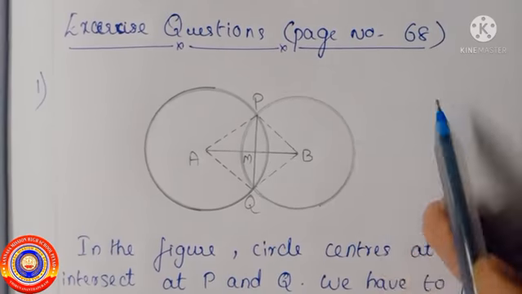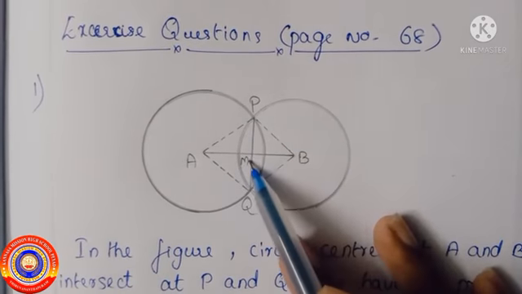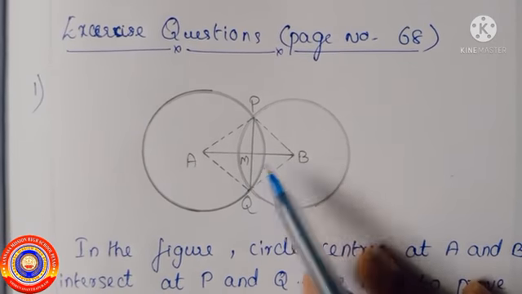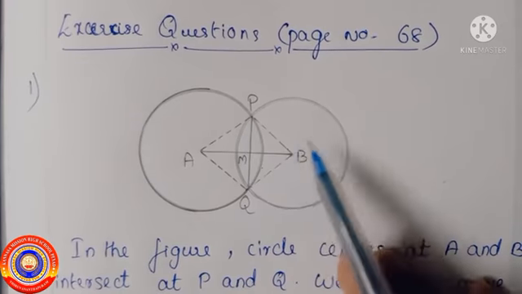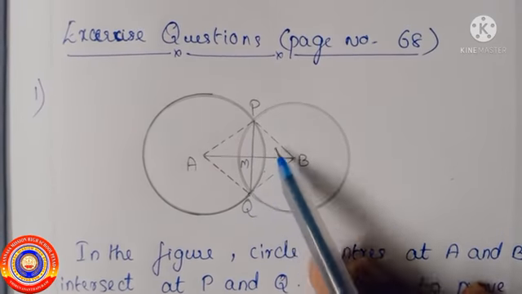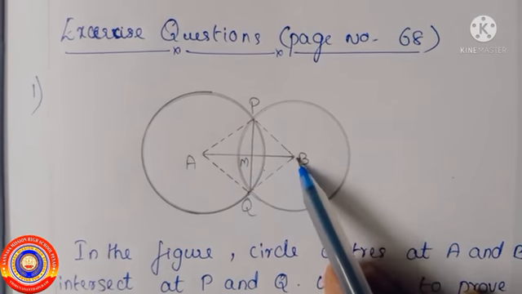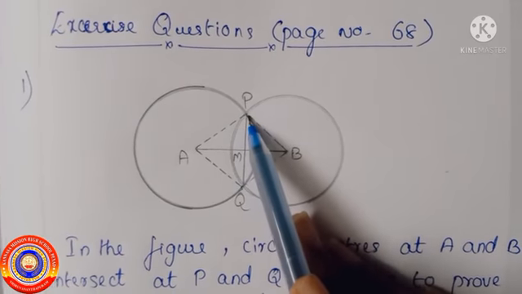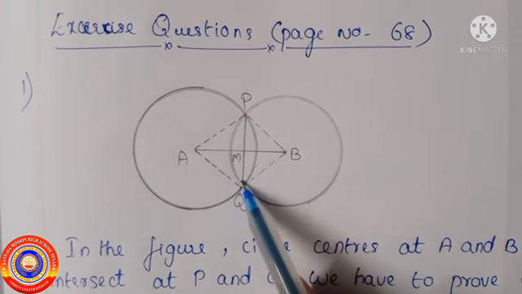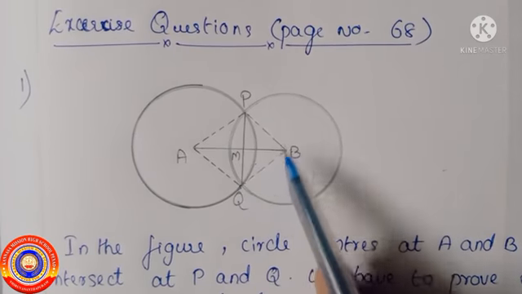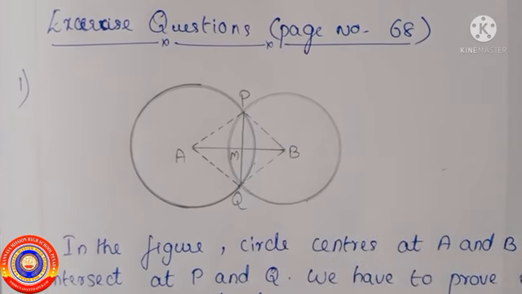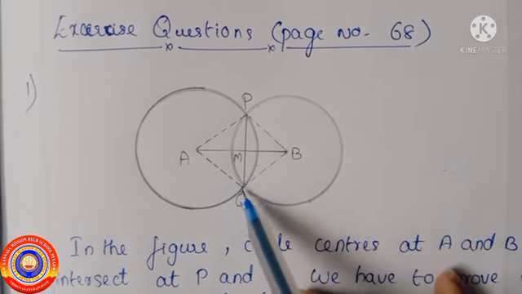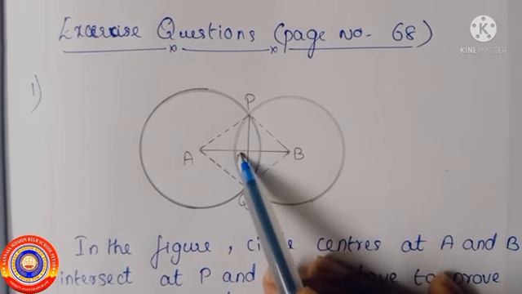Next, consider triangle PBM and triangle QBM. Here, BP is equal to BQ. The reason is radii of the same circle, and BM is common to both triangles. Therefore, we can say that angle PBM is equal to angle QBM, which we have proved just now. Therefore, triangle PBM and triangle QBM are equal.